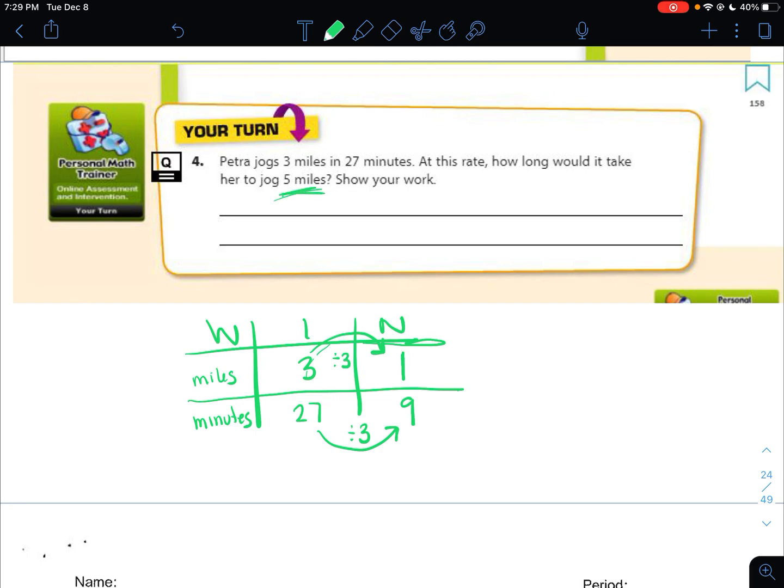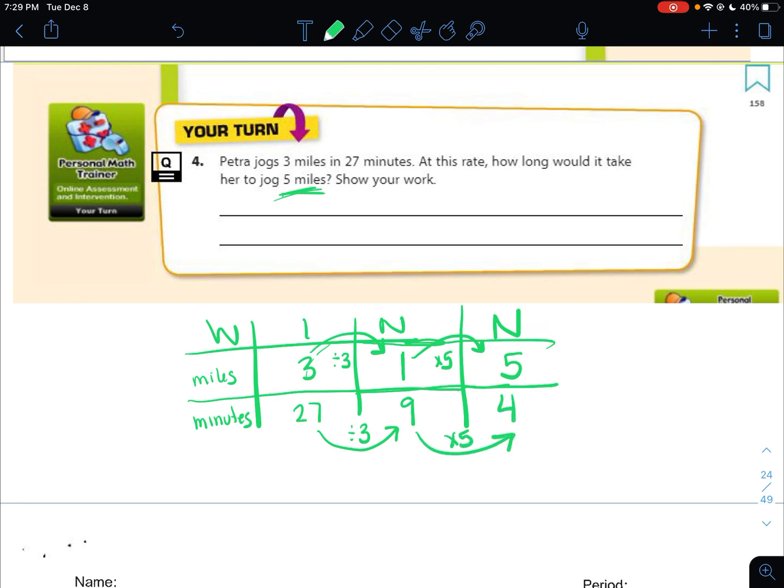But I need to figure out 5 miles. So I'm actually going to add an N to my WIN hashtag. I'm going to double WIN. Okay, I'm going to double N it. And then from there, I can go from 1 to 5 miles very easily, because 1 times 5 is 5. I can do that very easily in my head.